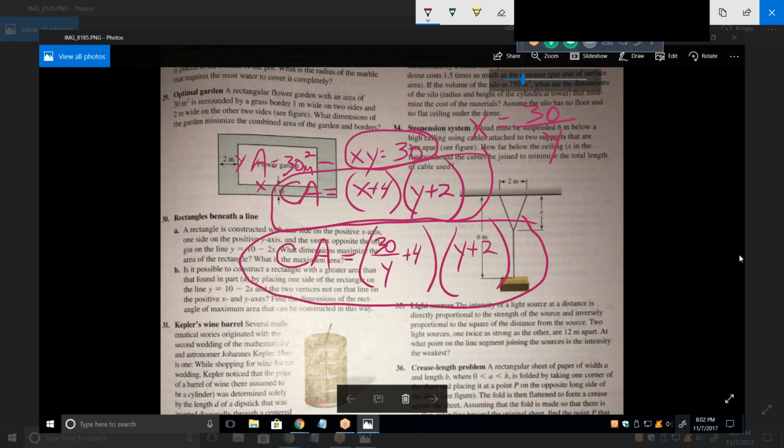Now my goal is to take the derivative of CA, set it equal to 0, because I know that's where minimums and maximums occur, solve it and come up with the proper value for y. Once we know what y is, then we'll easily be able to come up with x, because we know x times y is 30.